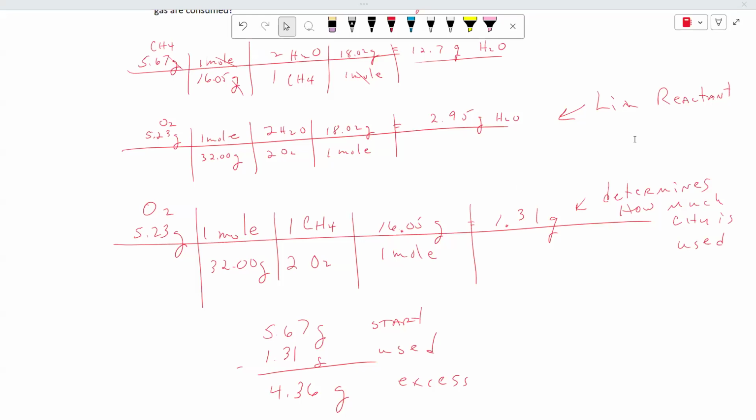Now I'm going to do another limiting reactant problem. But if you're not interested in extra credit on the next test, we're done for the day, okay? And the only reason I say that is because it's going to be extra credit.